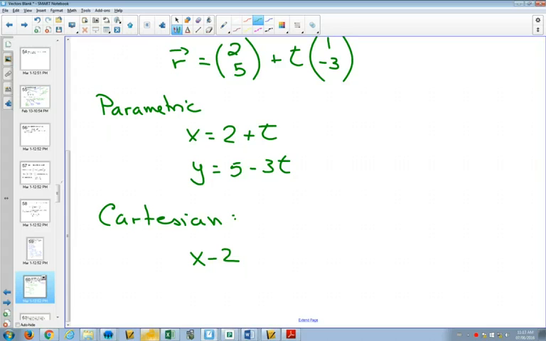I get t by itself by subtracting 2 here, so I'll get x minus 2. If I get t by itself here, I'd have to subtract 5 and then divide by negative 3. And then that makes our Cartesian form. In the Cartesian form, if you cross multiply and then solve for y, you'll get y equals mx plus b.